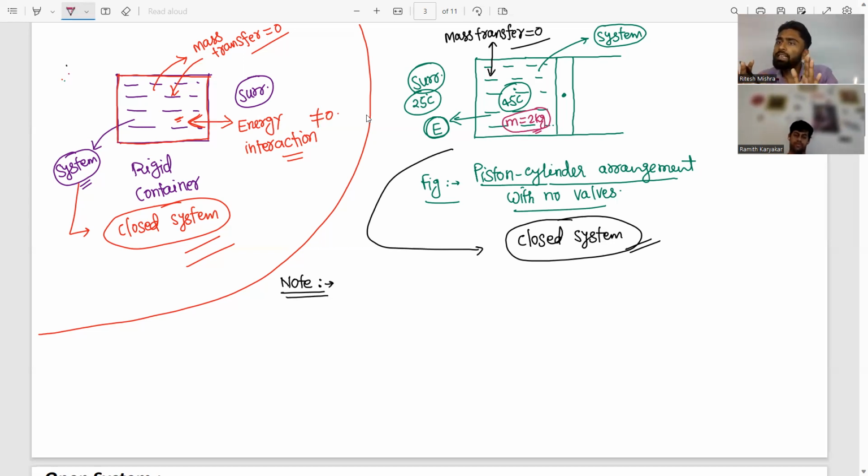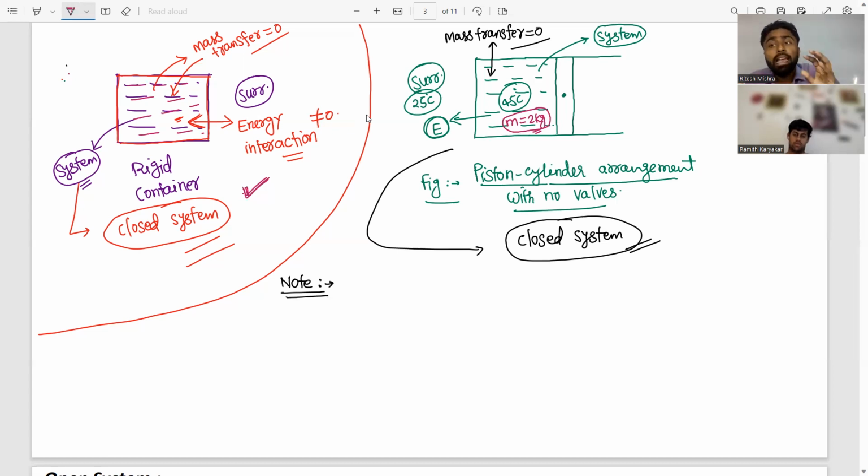So this mass remains constant always. In this figure, the rigid container, the mass of the liquid present in the rigid container will also remain constant because no mass is entering and no mass is leaving. So mass remains constant.